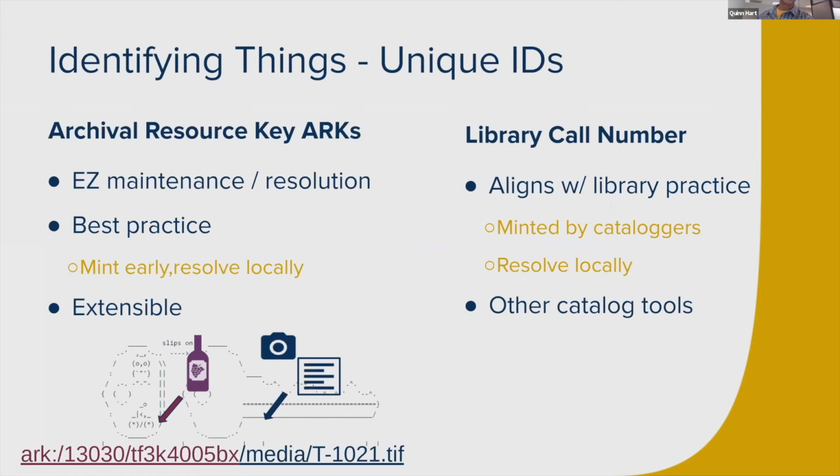As I said, the way that we come up with unique IDs primarily is using archival resource keys, ARKs. Those we like quite a bit. They're very easy to maintain. Their resolution scheme on a global scale is really nice. It's easy to come up with best practices for that.